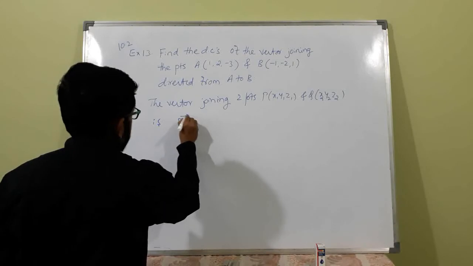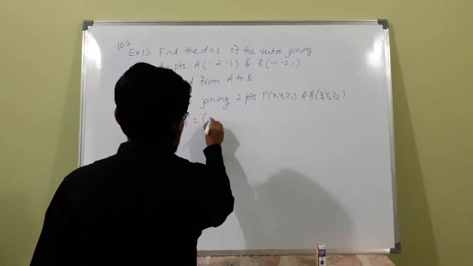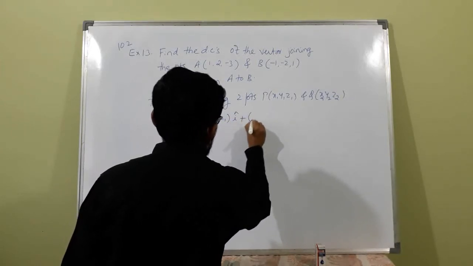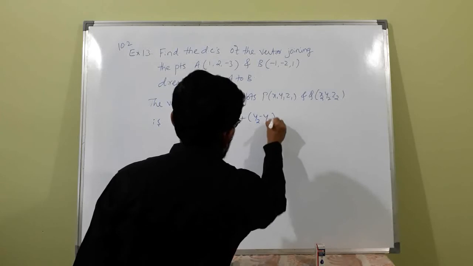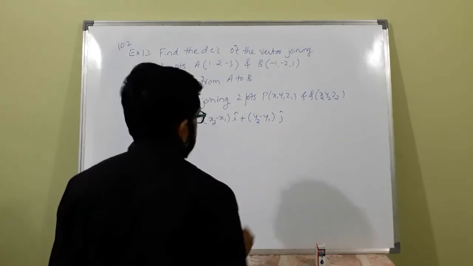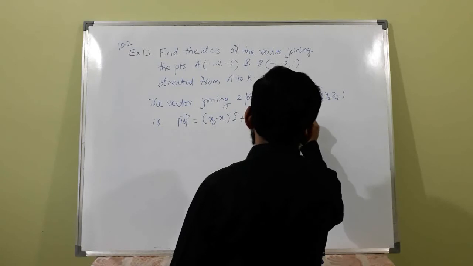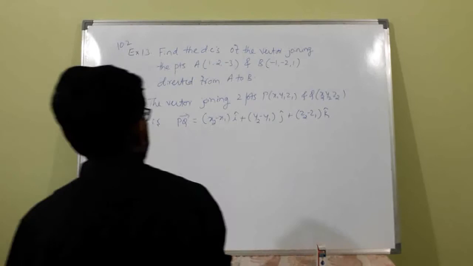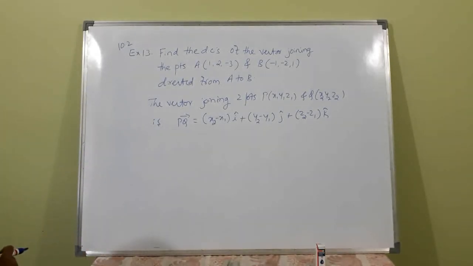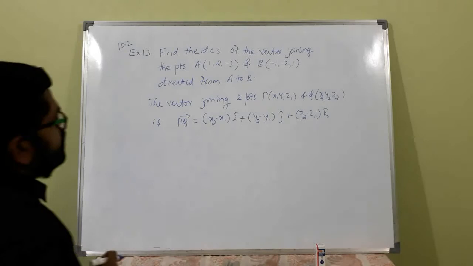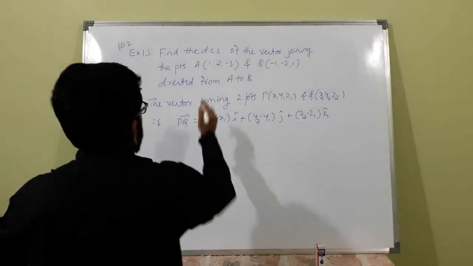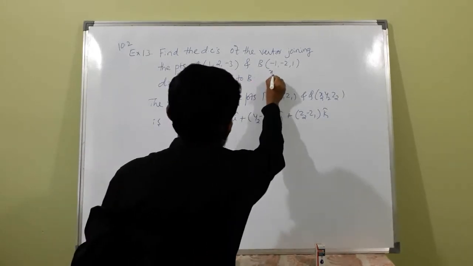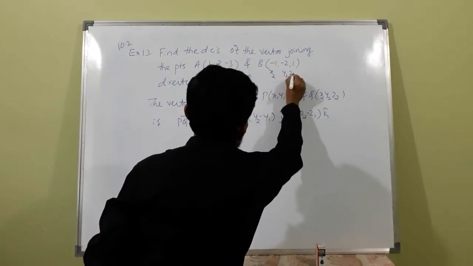Vector PQ is equal to (x2 minus x1) i cap plus (y2 minus y1) j cap plus (z2 minus z1) k cap. Okay, so here this is x1 y1 z1, this is x2 y2 z2.